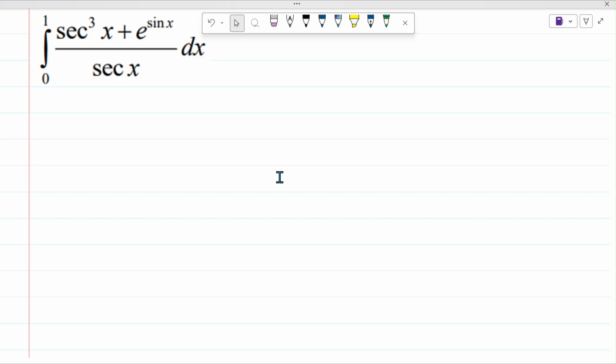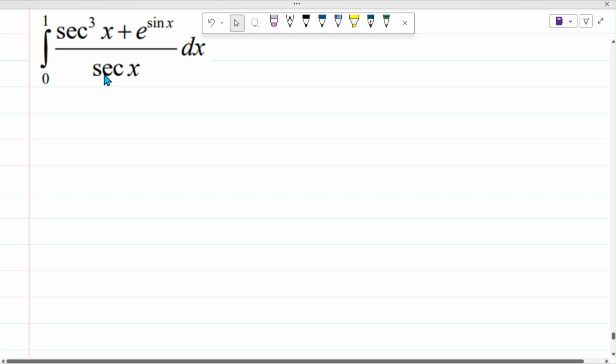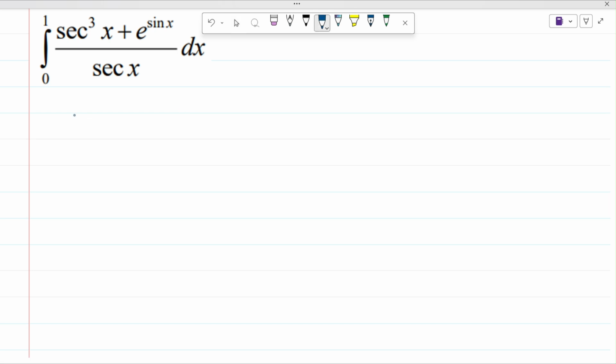So to simplify this, what do you think we can do? We can just split it, right? Because I can see if we split it, then we're gonna have sec cubed divided by sec, and then 1 over sec multiplied by that, which looks like it can be integrated, of course, definitely. So yeah, let's go with it.